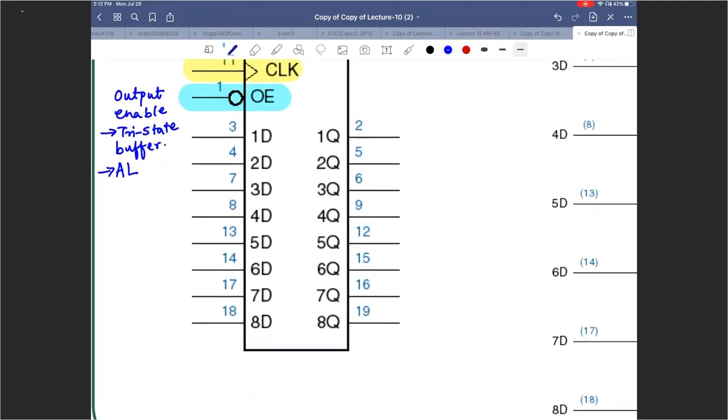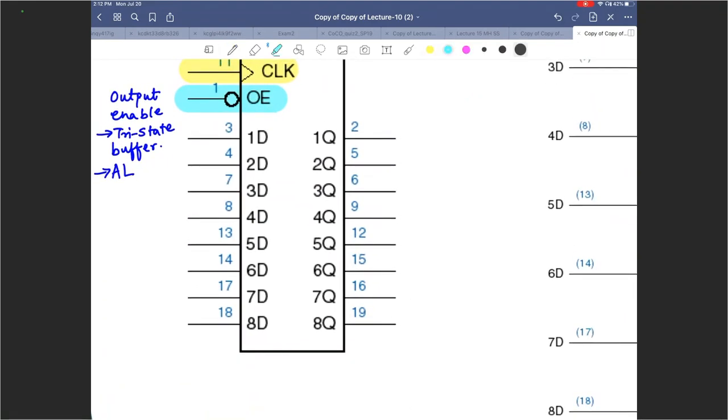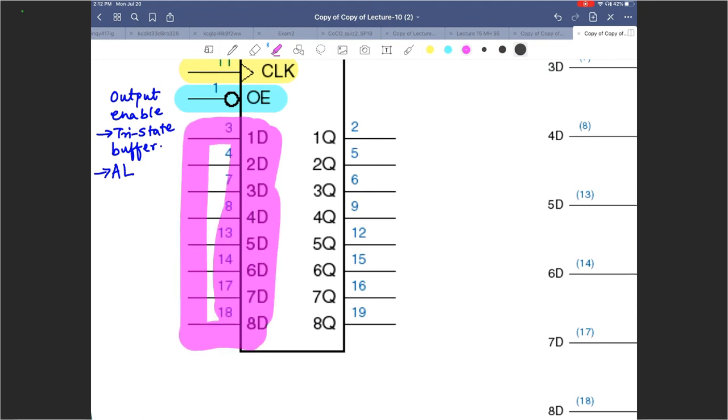Then you have 8 active high inputs. All these are your 8 D inputs that you want to use to change the contents of the 8-bit register, right? So this has to be an 8-bit register.